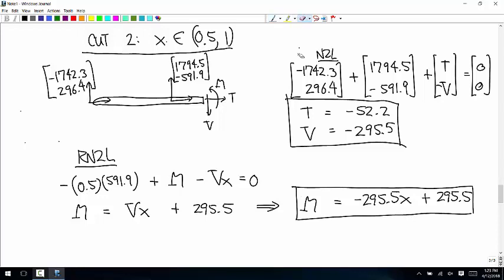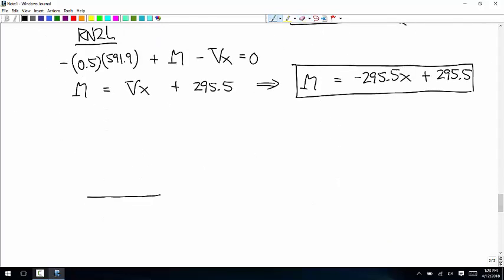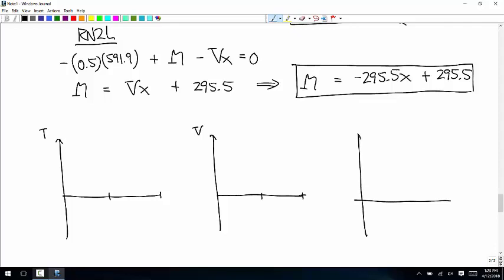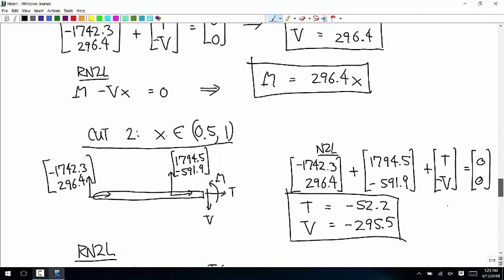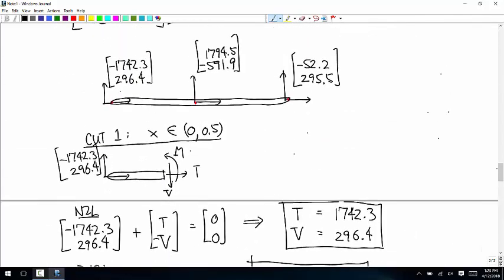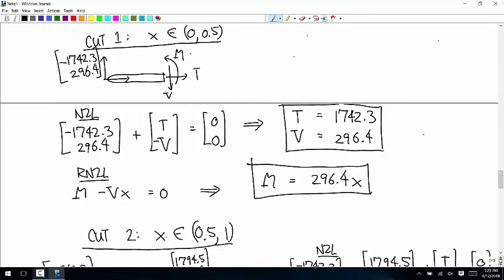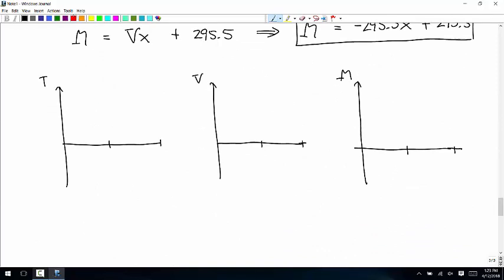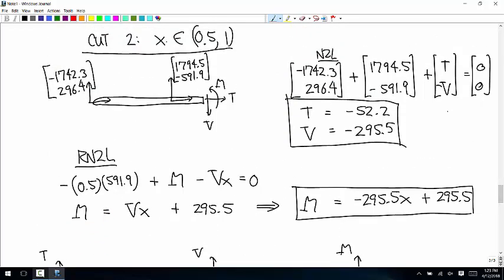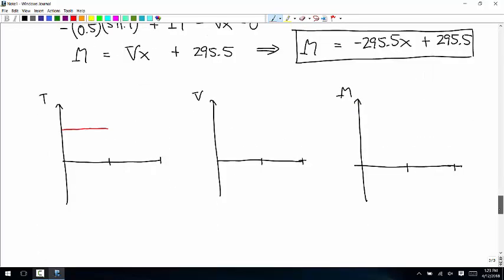And if you graph this out, here's the tension, shear force, bending moment. On the first half of the beam, we have a tension of positive 1742.3, and on the second half, negative 52.2.